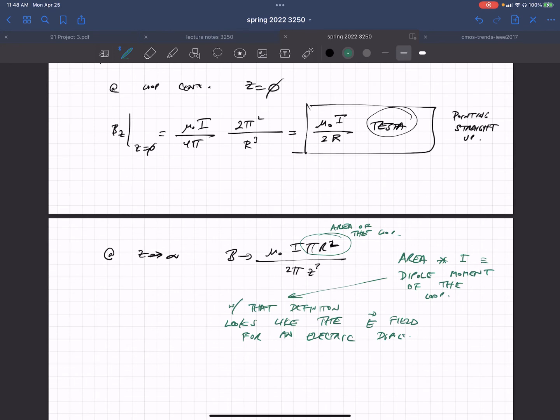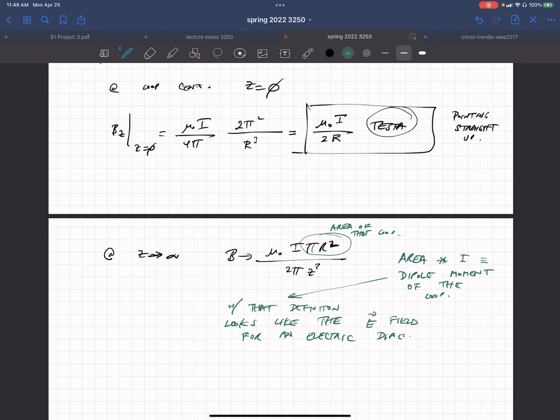But if you look into a magnetic dipole, you won't actually find a magnetic charge at the ends of the dipole, because as far as we know, there are no such things. There's no magnetic point charge. It's basically a definition around a current loop.